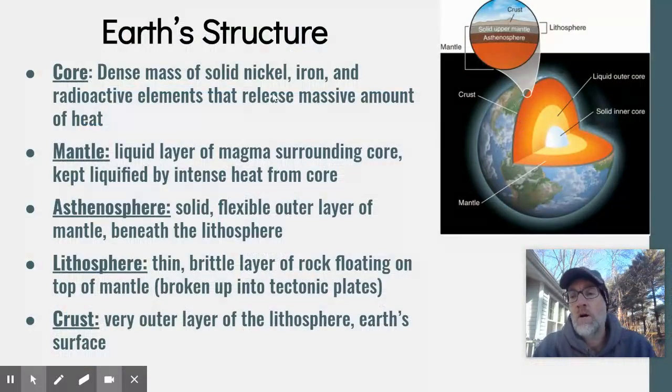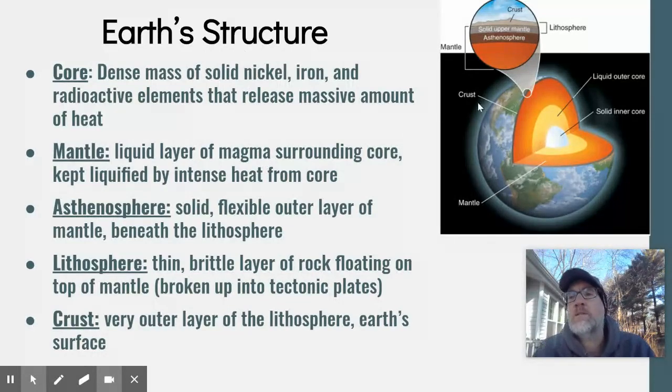So to recall, hopefully you've had some exposure to earth science, that the earth is made up of these components. One being the core, which is this dense mass of nickel and iron. It's radioactive. It releases a lot of heat and energy, melting that mantle, which is a liquid layer of magma surrounding the core.